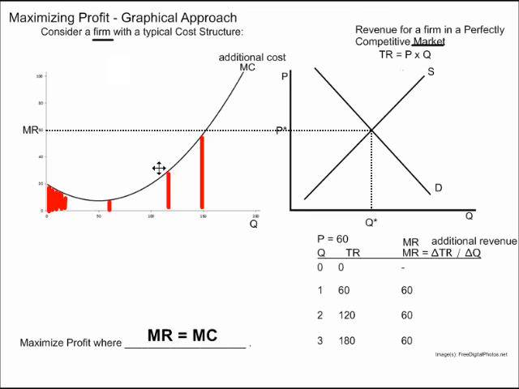So now we have the 2 sides of the story. We've got marginal cost, which tells me for each of those individual units, what's it going to cost this business? And marginal revenue tells me for each of those individual units, what are they going to bring in? What's the revenue? So we can consider that first unit that's made. The additional revenue, what they bring in, is greater than the cost. Do they want to make that unit? Of course they do.